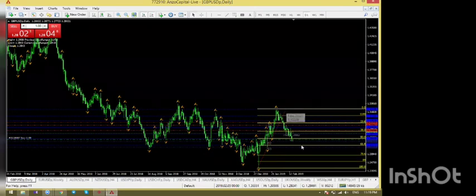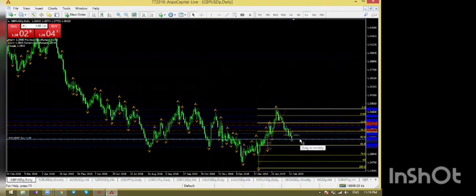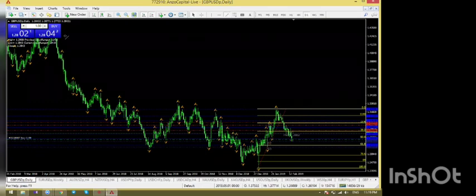This is our Fibonacci. Amazing. So do we have a trend line? No, I want you to draw the trend line of now.